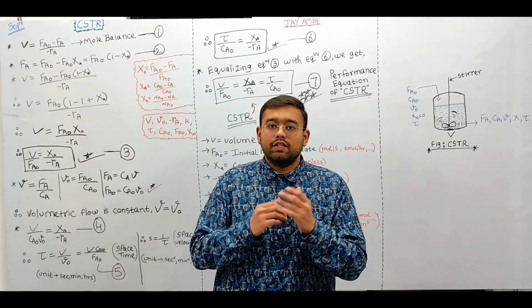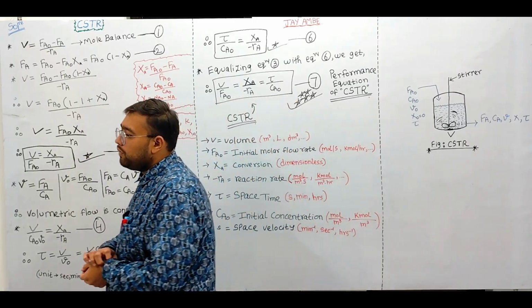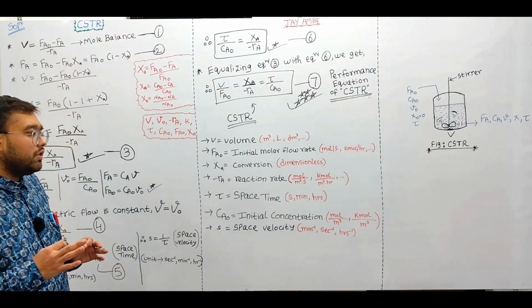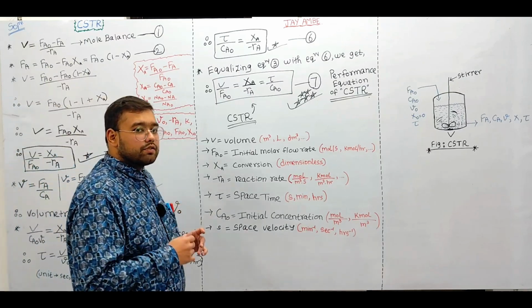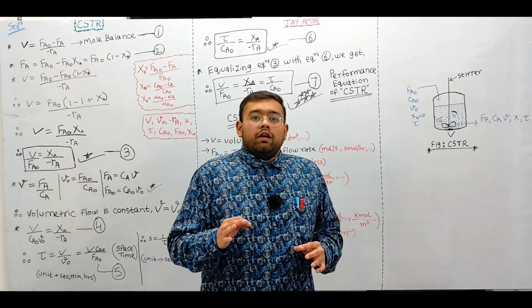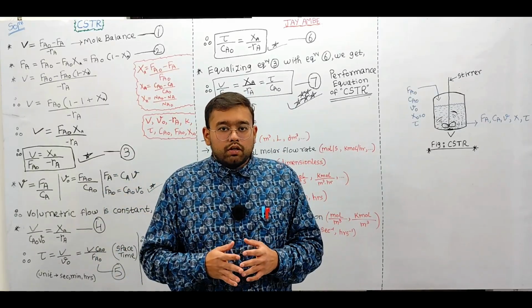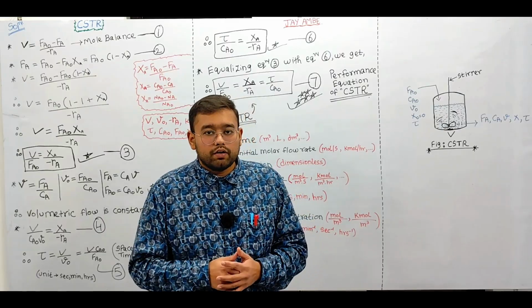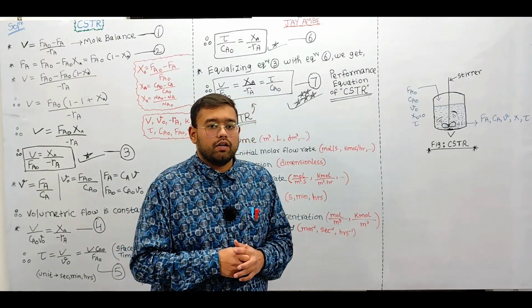So let's get started. We will derive the performance equation by using the concept of the design equations, which means that in order to derive the performance equation, we are going to utilize the design equations of the reactors, right?